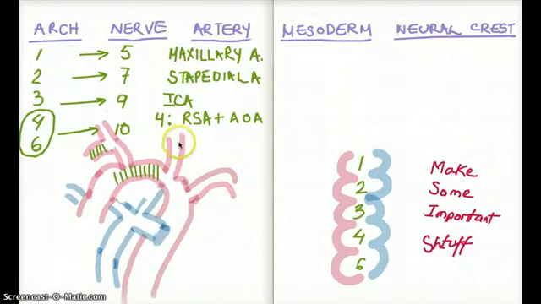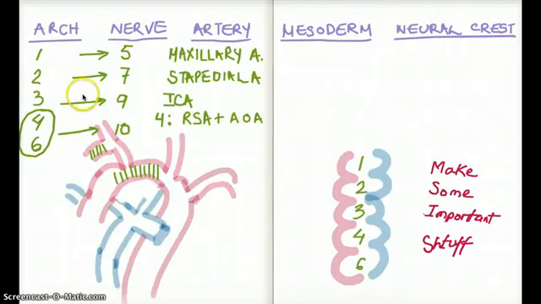So anyways, let's go back to our brachial arch 4. That gives rise to right subclavian artery and arch of aorta. What about the right common carotid? Which brachial arch gives rise to right common carotid? You see, arch number 3 gives rise to internal carotid.